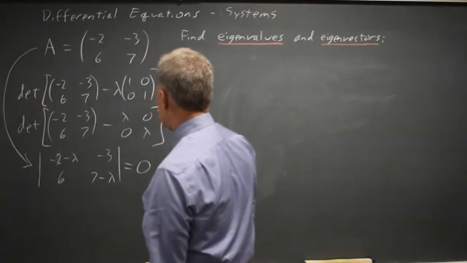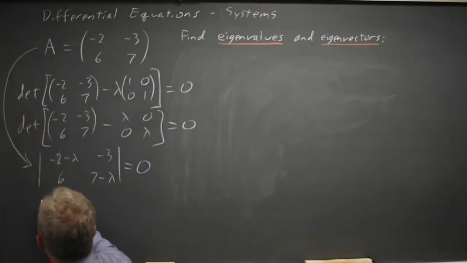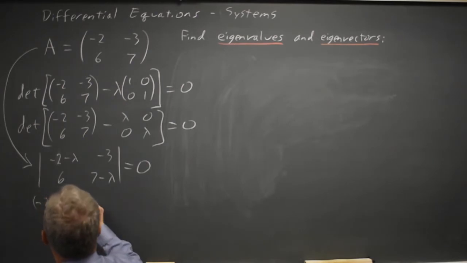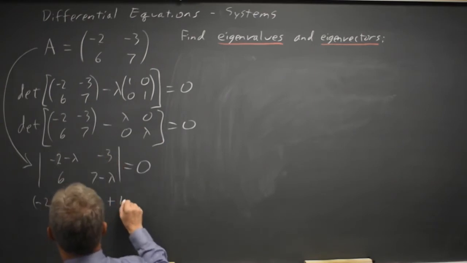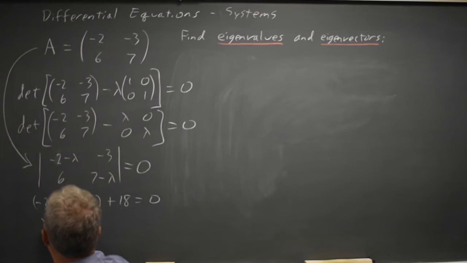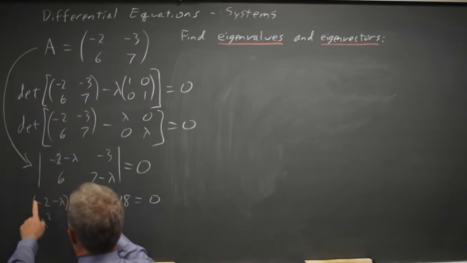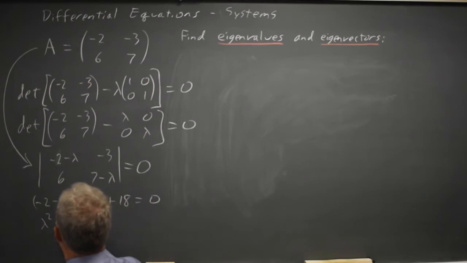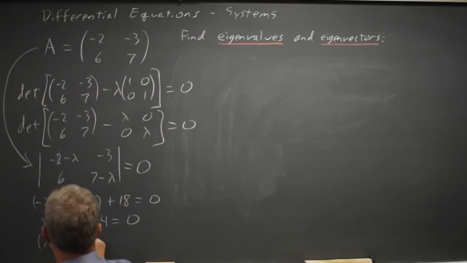This gives me a characteristic polynomial. The determinant of a 2 by 2 is -2 minus lambda, 7 minus lambda, minus negative is plus, -3 times 6 is 18, equals 0, so that's lambda squared, minus 7 lambda plus 2 lambda is minus 5 lambda, and then minus 14 plus 18 is plus 4 equals 0. That factors nicely.